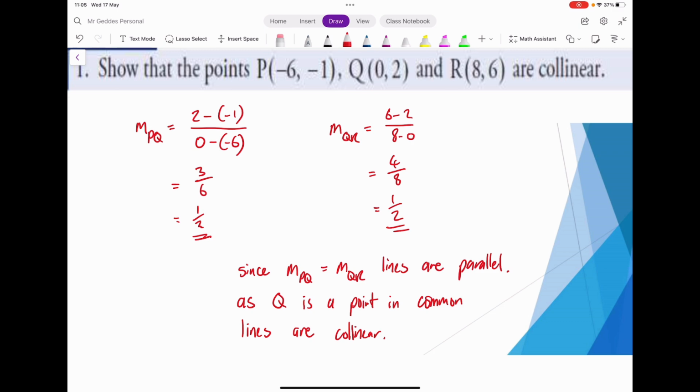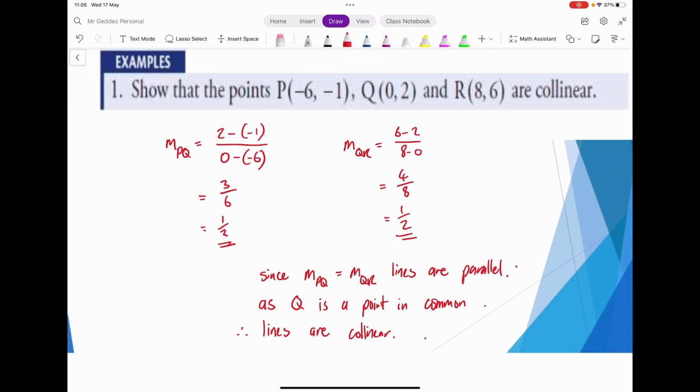So mention that the gradients are equal, that means that they're parallel. Q is the point in common, therefore lines are collinear. You can use the 3 wee dots, therefore lines are collinear. Okay, 3 things, 1, 2, 3, in the statement at the end. Nice wee question these are, hopefully we get some to deal with this year.